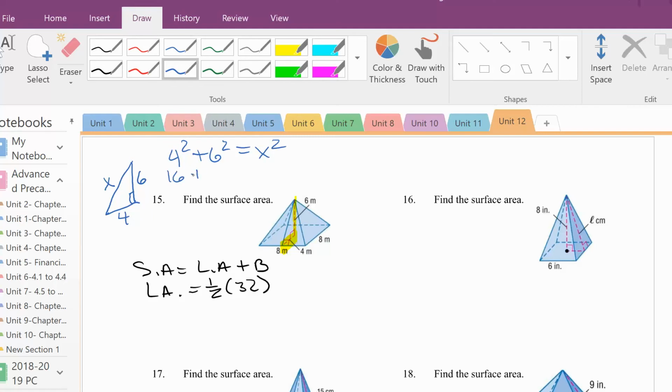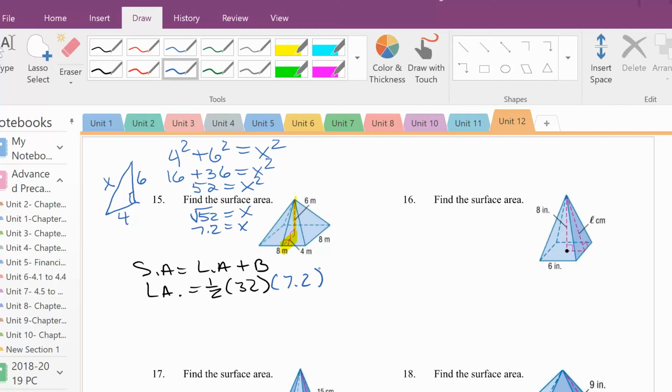So you get 16 plus 36 equals x squared. So the square root of 52 equals x. So when you take the square root of 52, you get approximately 7.2. So that is your slant height.